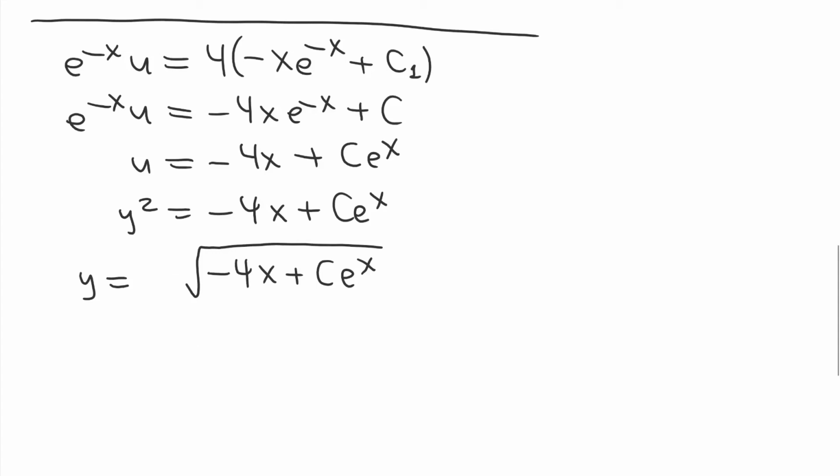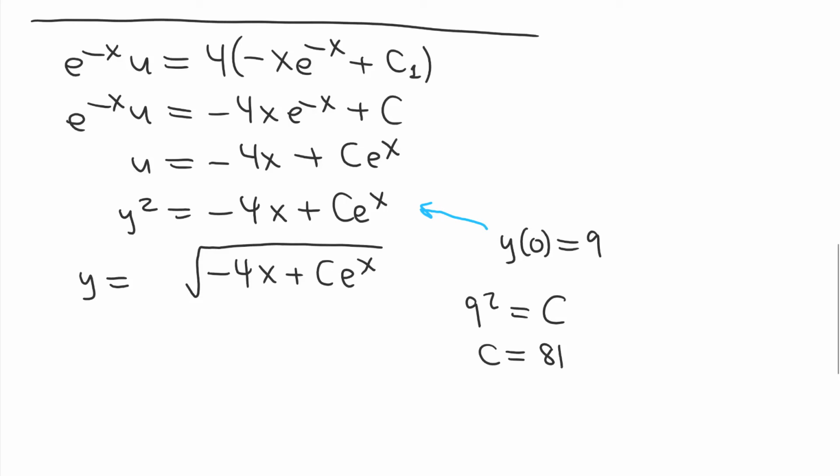And so that's going to depend on our initial condition. Our initial condition was y of 0 is equal to 9. If you plug that in, I'll just plug it into this equation because it's a little bit simpler. So I get 9 squared is equal to negative 4 times 0 plus c times e to the 0. So 9 squared is equal to c, or c is equal to 81.